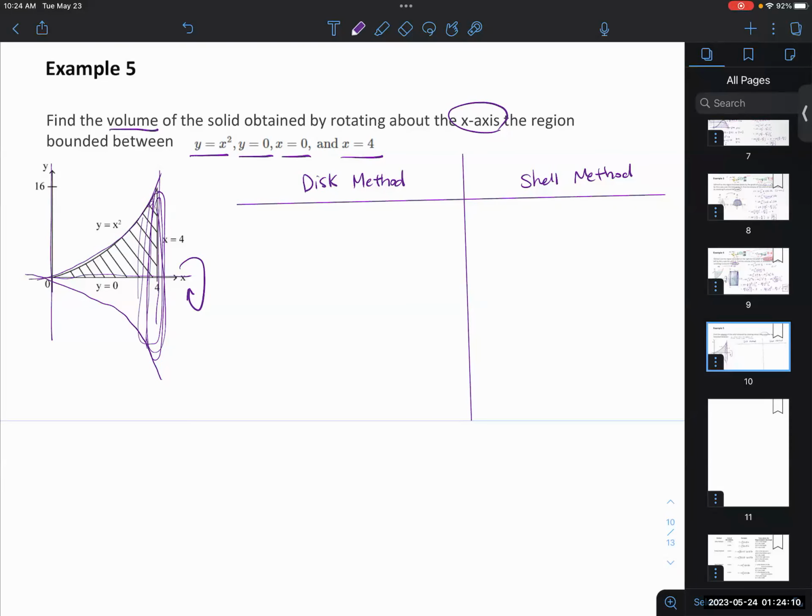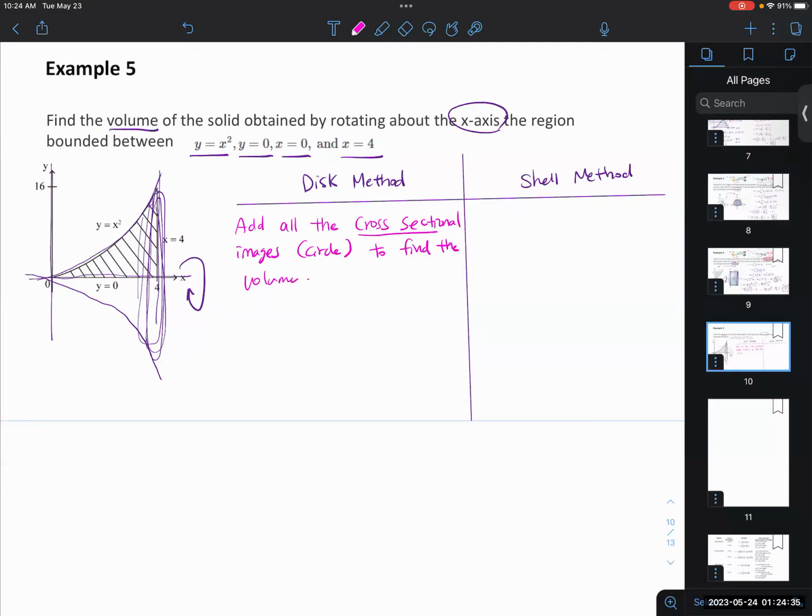The disk method says we are adding all the cross-sectional images, which are circles, to find the volume. That's the disk method, right?